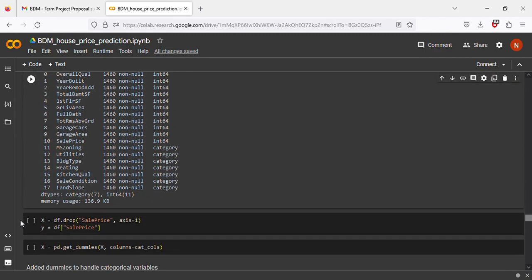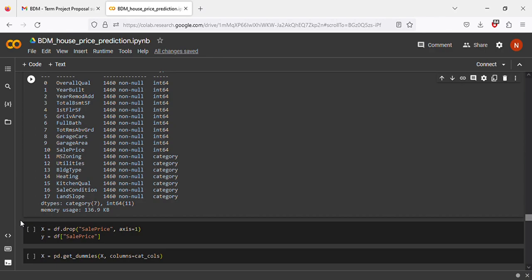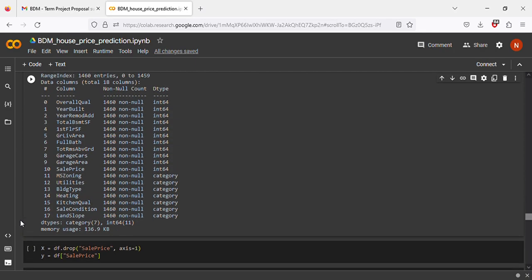After that, moving ahead to the model training and building, we tried to divide the data into independent and dependent variables, X and Y, and also into training data and testing data.